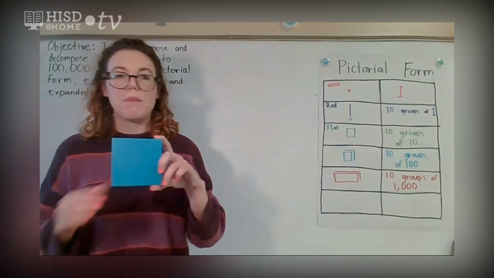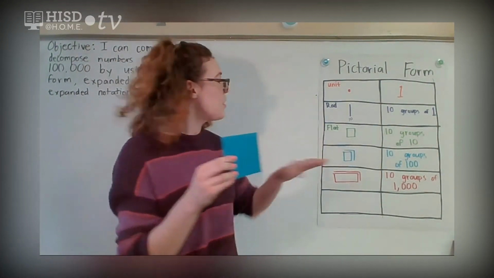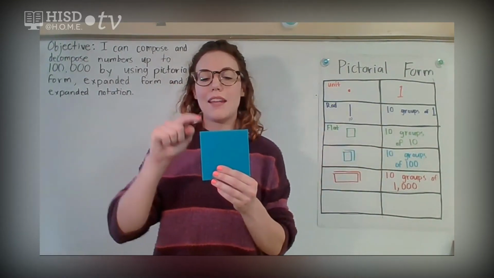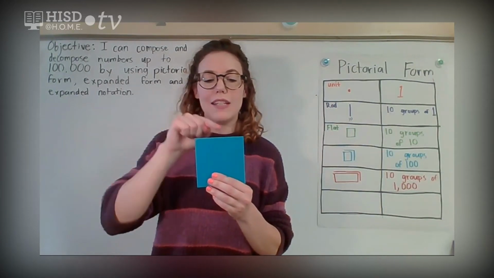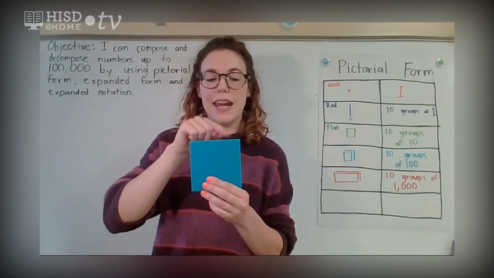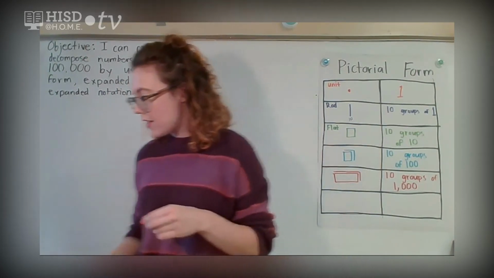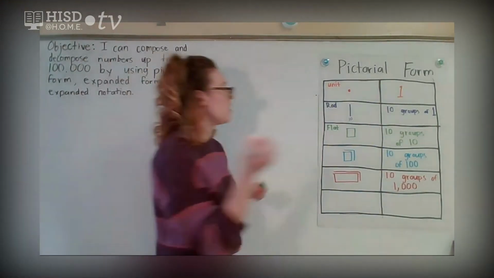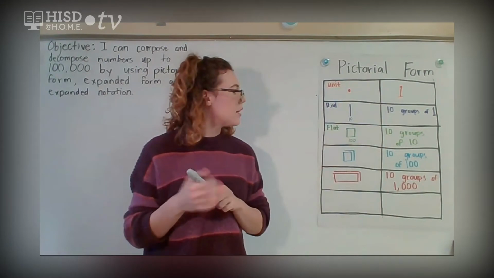So let's skip count by 10s to see how much our flat is worth. We know there's 10 groups of 10 in it, but let's see how much it's worth. 10, 20, 30, 40, 50, 60, 70, 80, 90, 100. So our flat today is worth 100. So I'm just going to write a little 100 under it so I know the value of it.